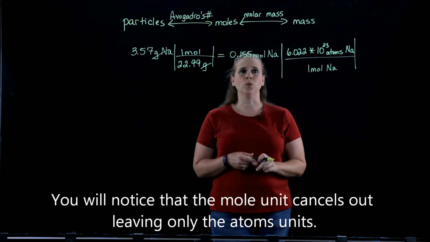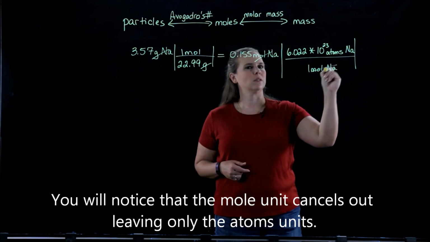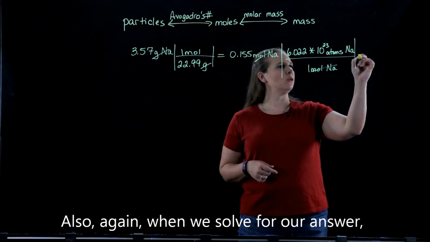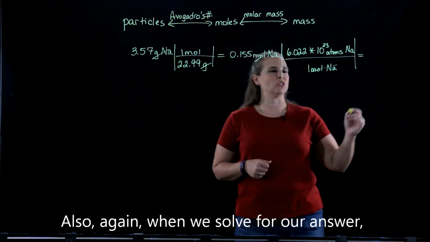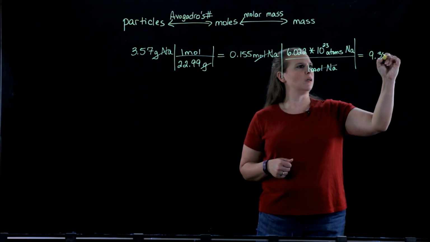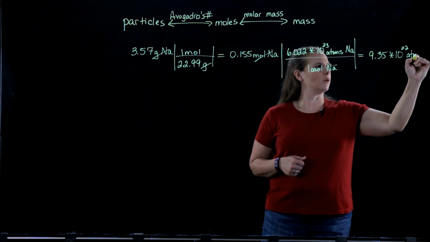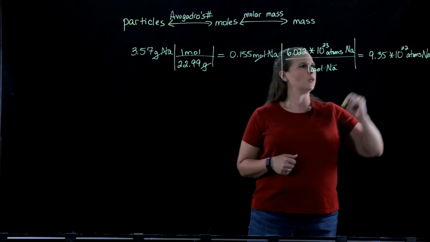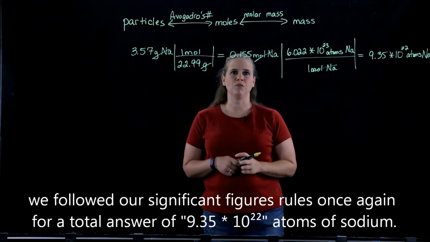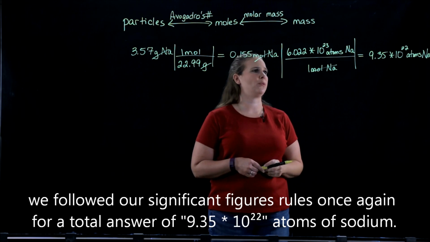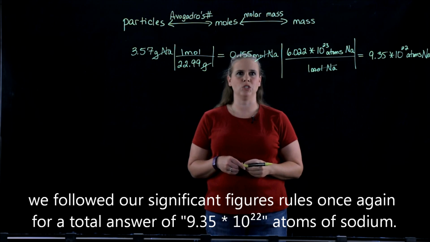You will notice that the mole unit cancels out, leaving only the atoms unit. Also, again, when we solve for our answer, we followed our significant figures rules once again for a total answer of 9.35 times 10 to the 22 atoms of sodium.